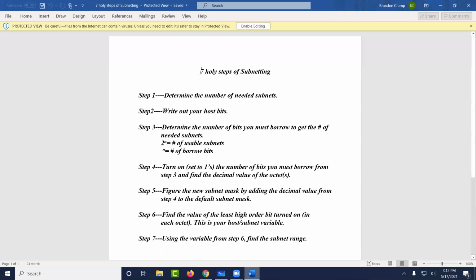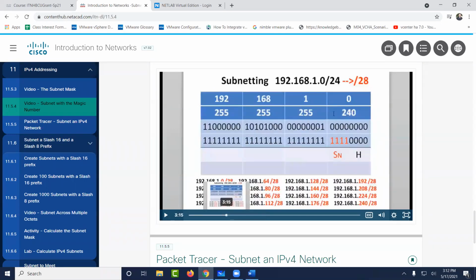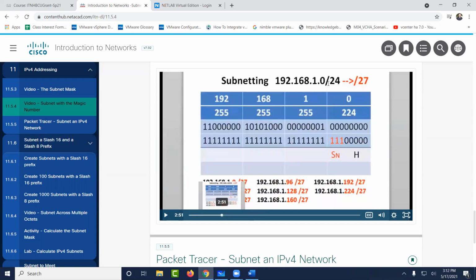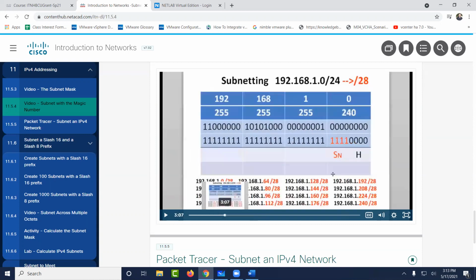Folks, that's the variable that I have in step 6. My variable is their magic number. If we borrow 3 bits, the magic number becomes 32. 4 bits, the magic number becomes 16, then 8, then 4, and that's it.